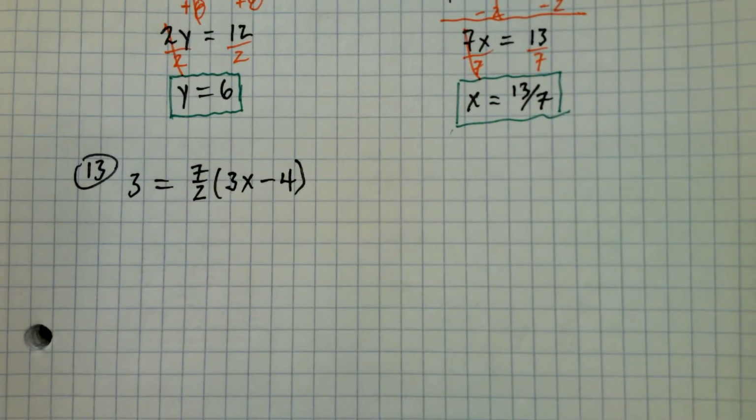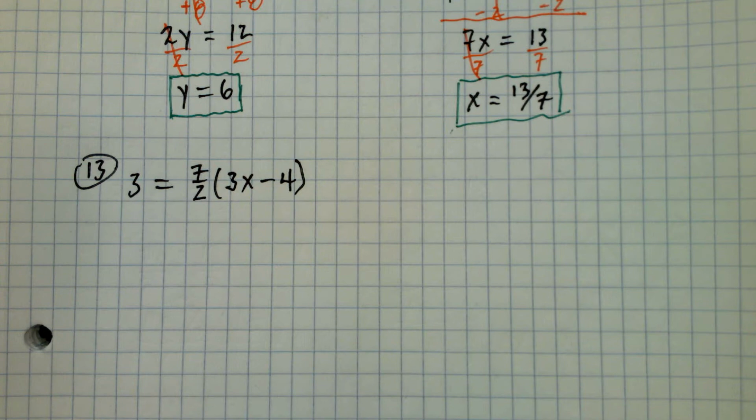I really don't want to distribute this. Here's the thing. If I distribute 7/2, this is 7/2 times 3x is 21/2 x. That's ugly. 7/2 with minus 4 is minus 28/2, which would be minus 14. And still messy. So I'm going to work with this like I did these two.